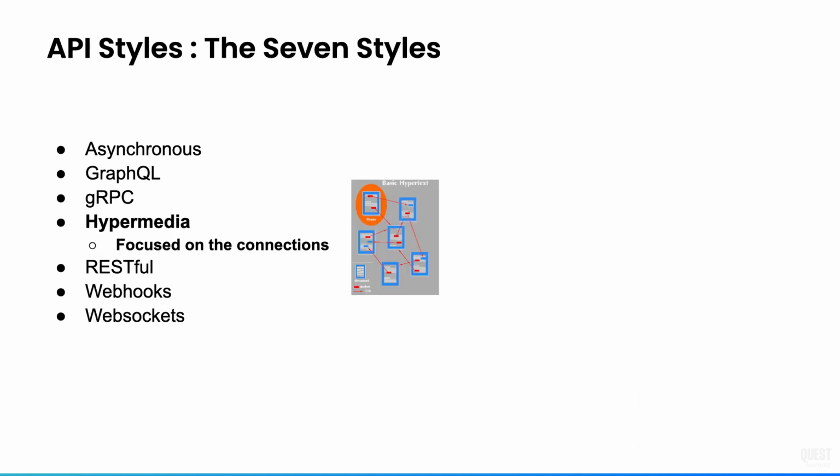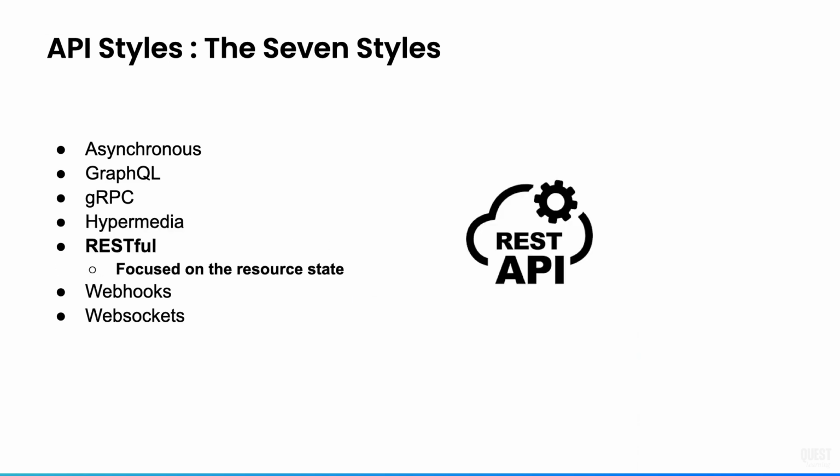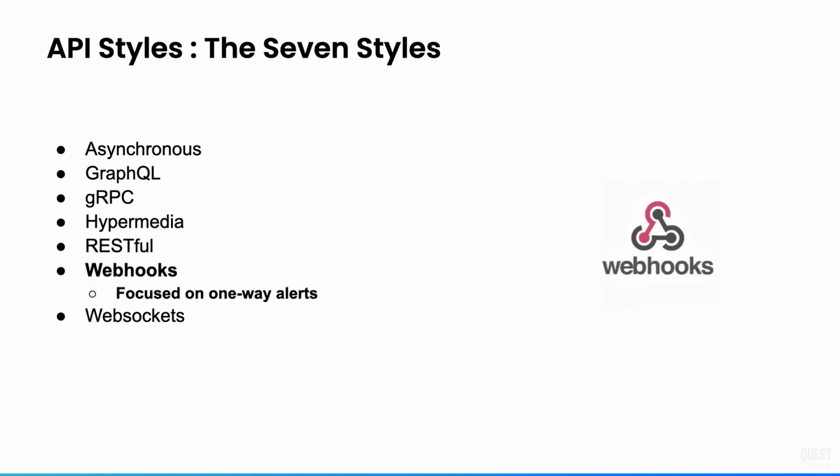There's also this notion of Hypermedia, which focuses on the connections between a customer and a company, and an invoice and a customer, and the products and the invoice. All the relationships become very, very important, and Hypermedia is a great style if you want to focus on that. That's opposed to a RESTful style, which focuses on the state of a particular resource, a particular customer, a particular invoice. If you're focusing on sharing the state of a resource, RESTful can be very, very powerful.